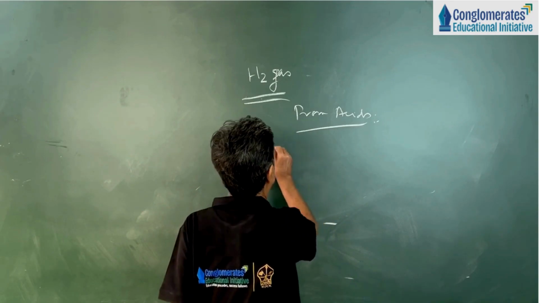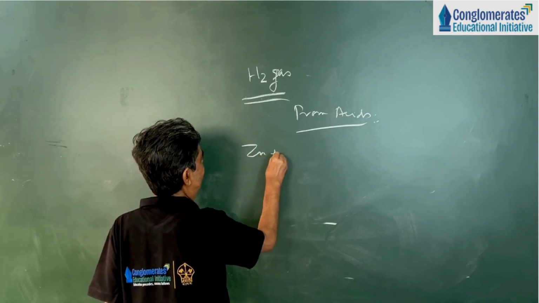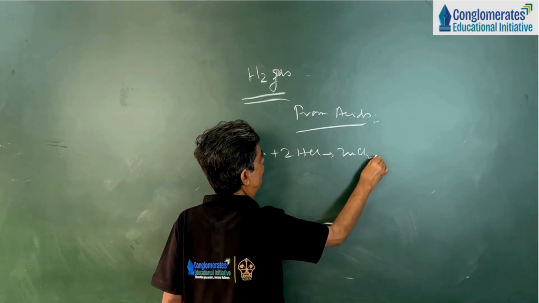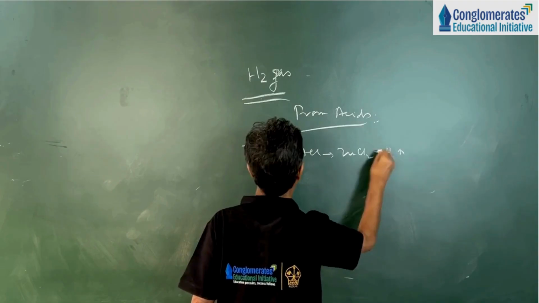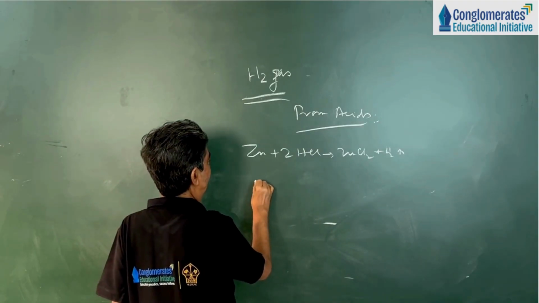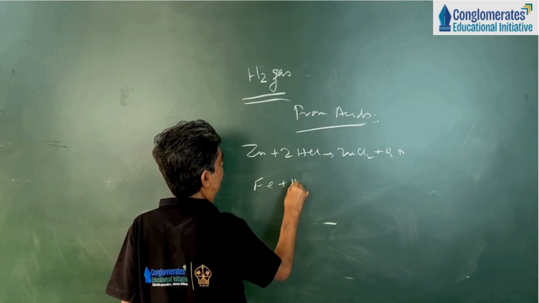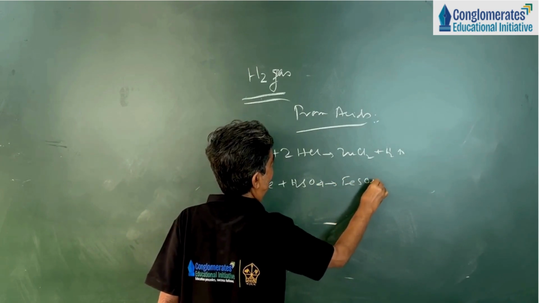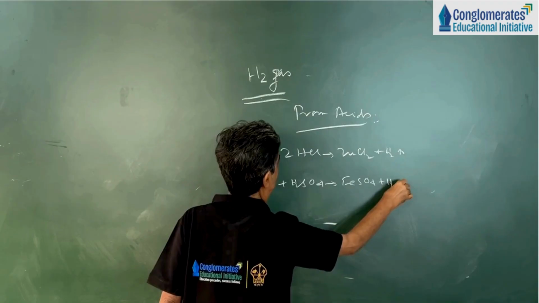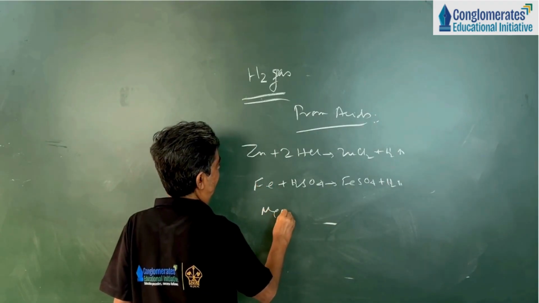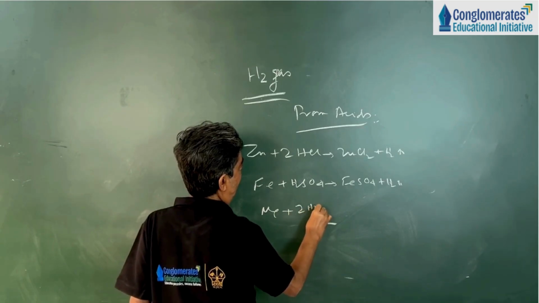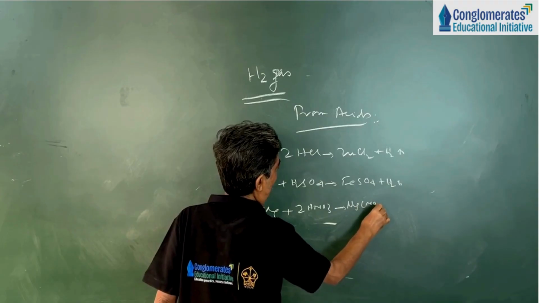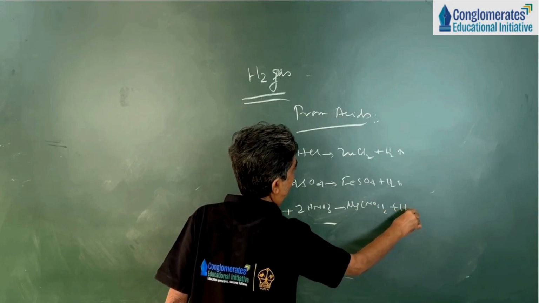One example, zinc plus HCl, we get zinc chloride plus hydrogen gas, then Fe plus H2SO4, FeSO4 plus hydrogen gas, magnesium plus HNO3, we get magnesium nitrate plus hydrogen gas.